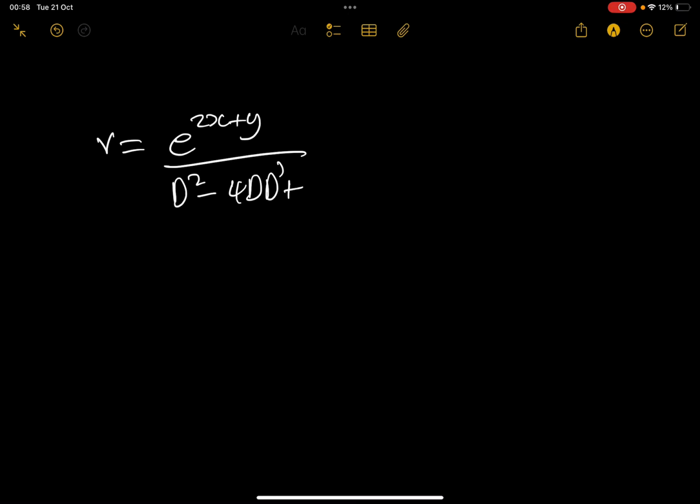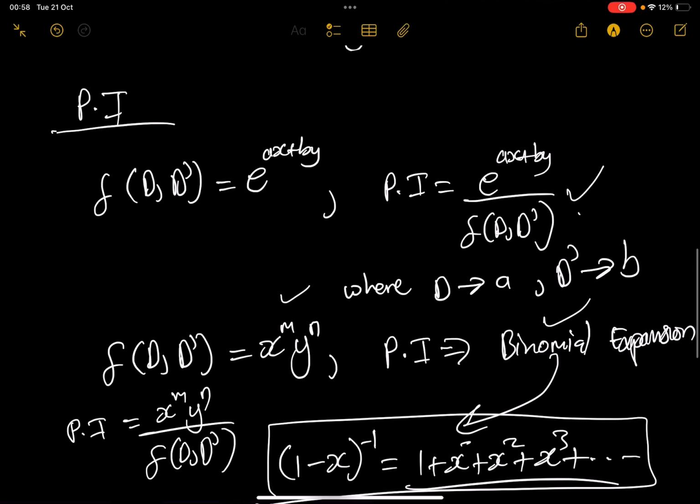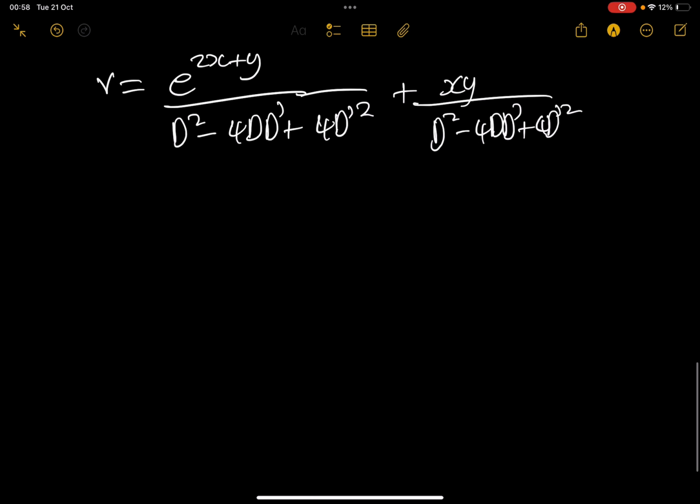Your particular integral, which I'm going to name v, is going to be e^(2x+y) over D squared minus 4DD' plus 4D' squared, plus xy over D squared minus 4DD' plus 4D' squared, which is this format and this format.